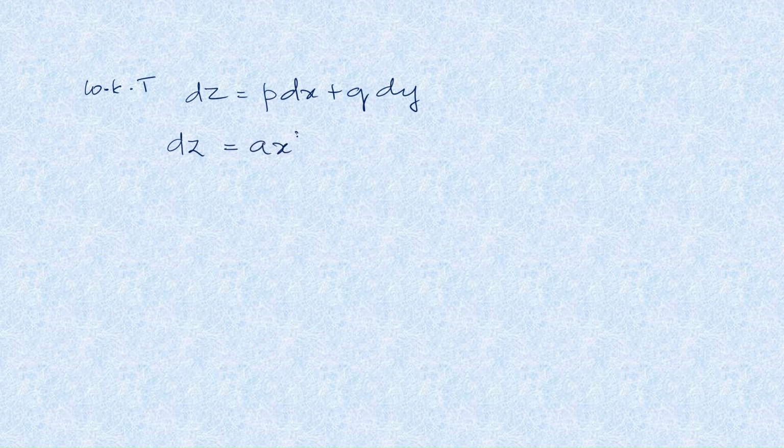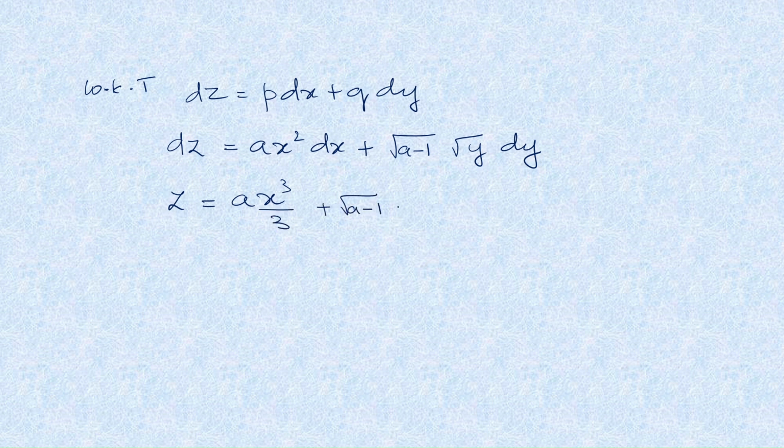So we can write a x square dx plus q, which is root of a minus 1 into root y, into dy. Now on integration, this gives you z equal to a x cube by 3 plus root of a minus 1 as a constant. Again root y means y power 1 by 2. On integration, this becomes y power 3 by 2 divided by 3 by 2, plus c.